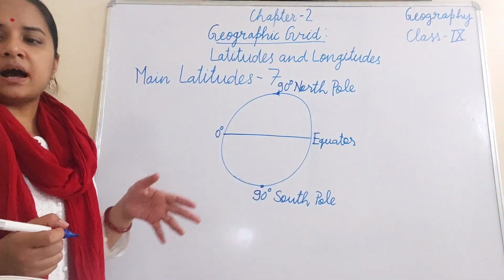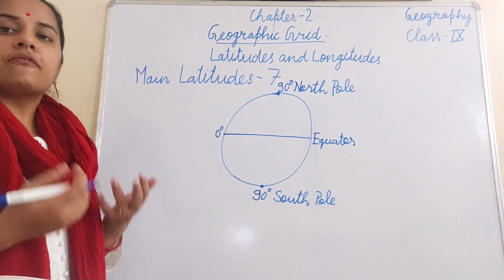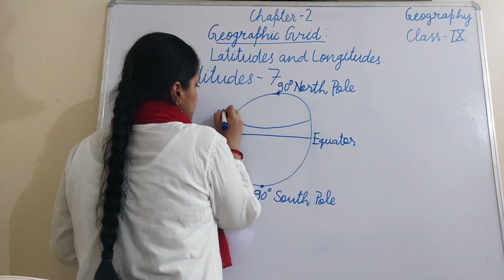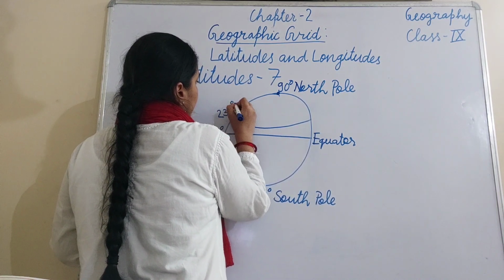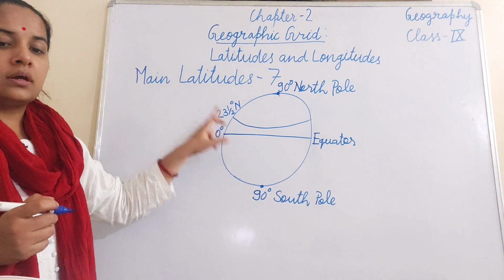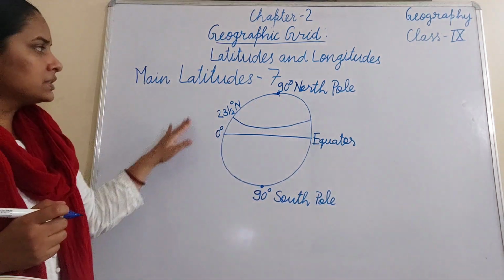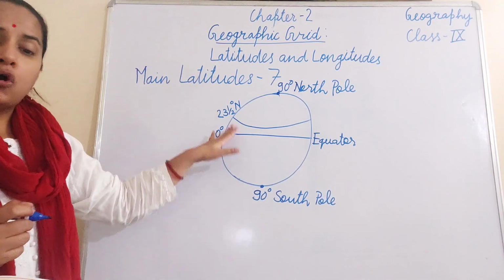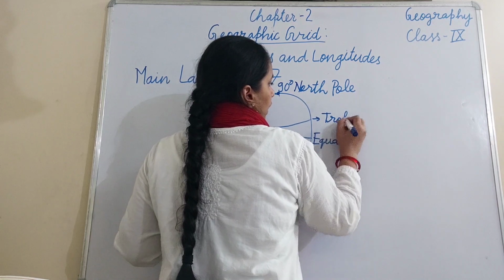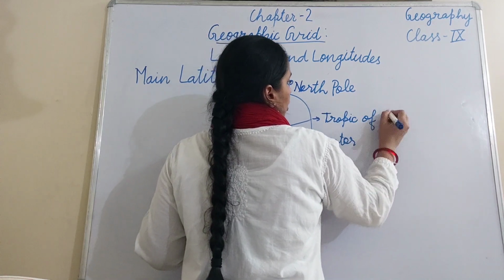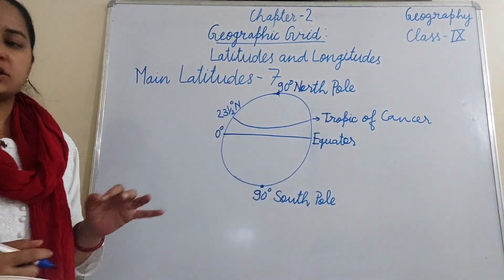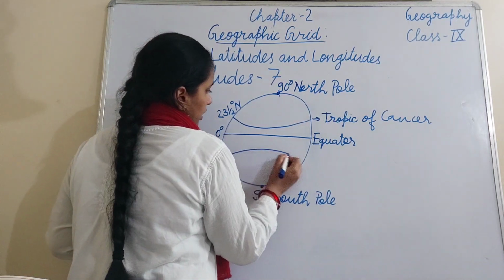Now the next latitude is the Tropic of Cancer, at 23.5 degree north of the equator. The next important latitude is the Tropic of Capricorn.